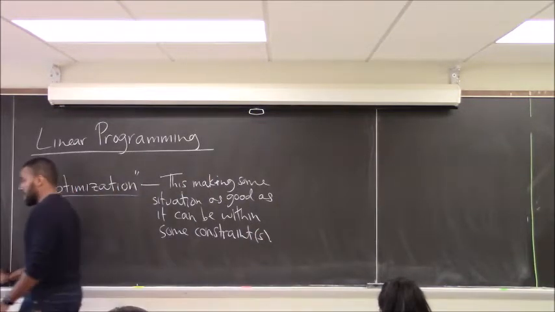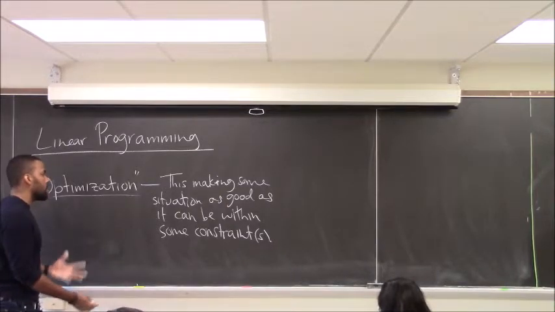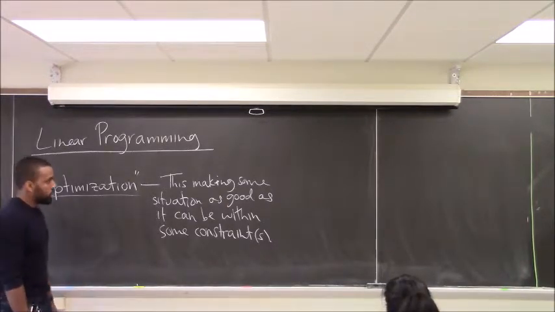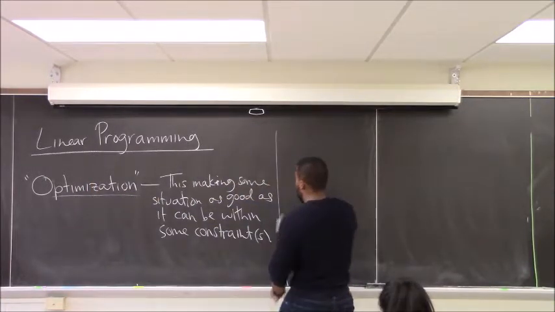The process of doing that is called optimization. You want to optimize the situation means you want to obtain the best possible scenario given certain restrictions you might currently have.